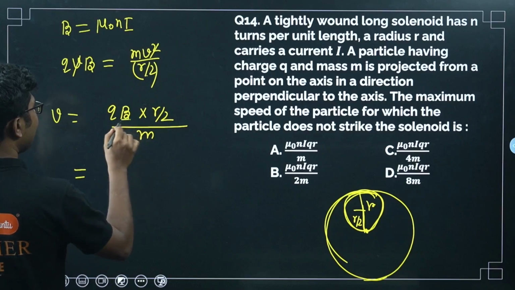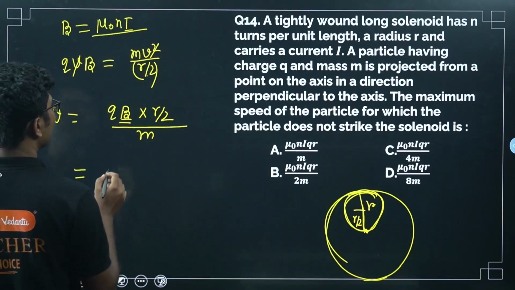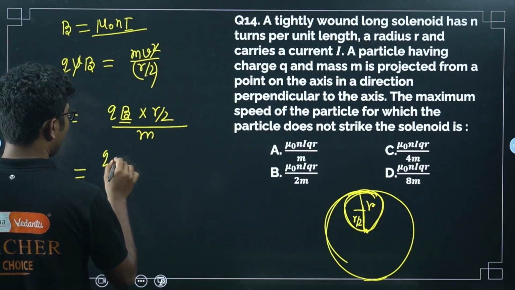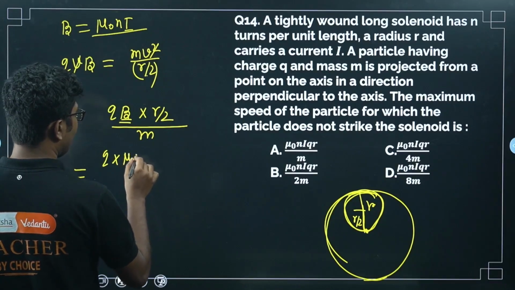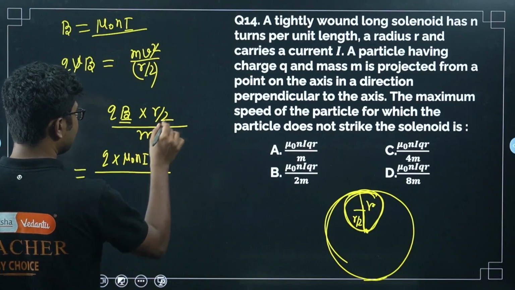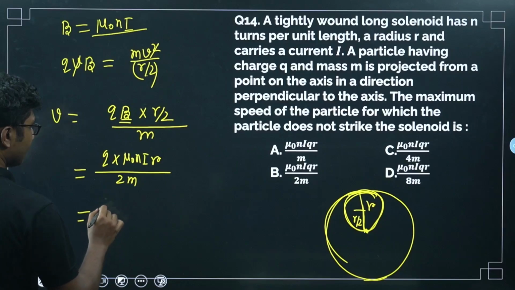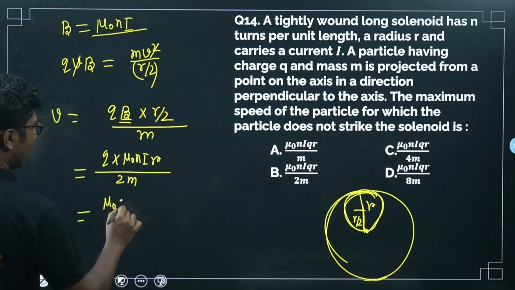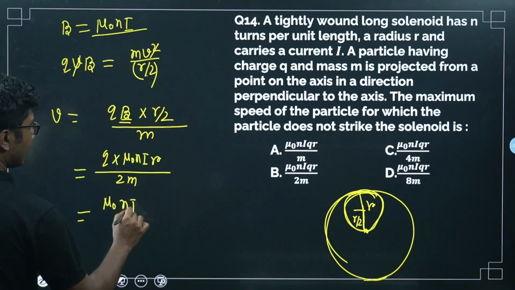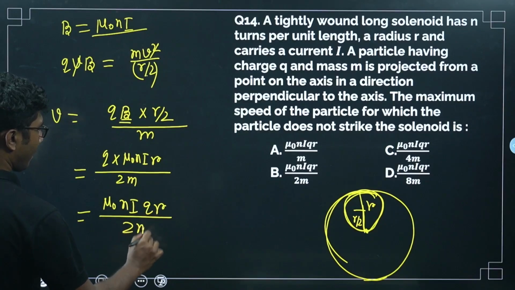Now what is B? B is mu naught Ni. Okay, so let's put these values one by one. q times mu naught Ni r divided by, this 2 will come down and it will become 2m. So you can write this as mu naught Ni qr by 2m.